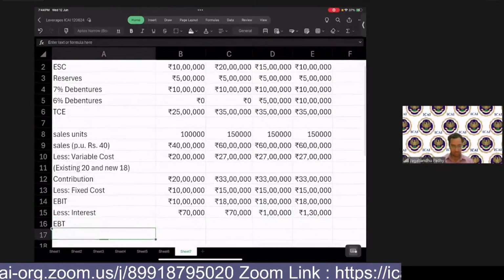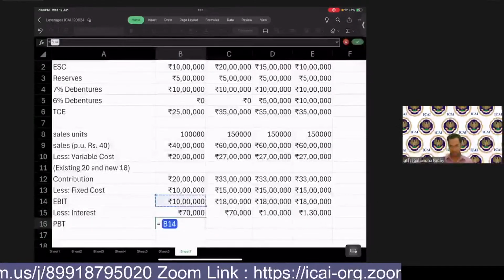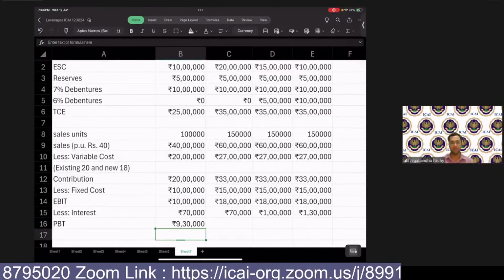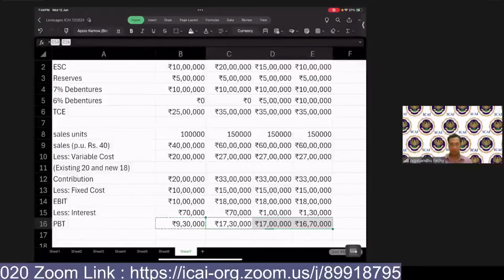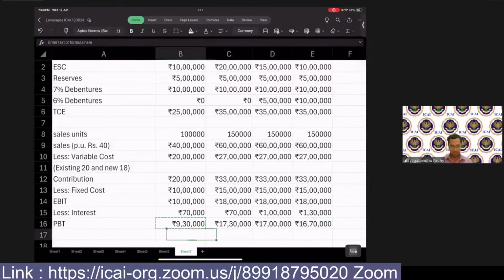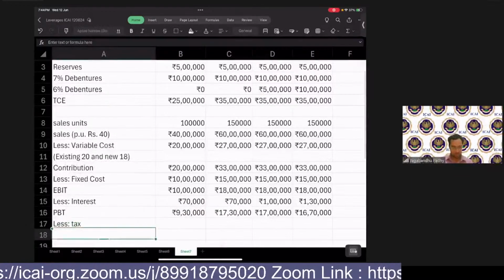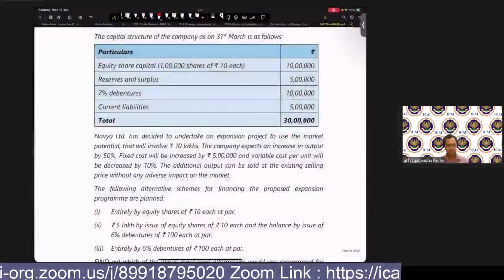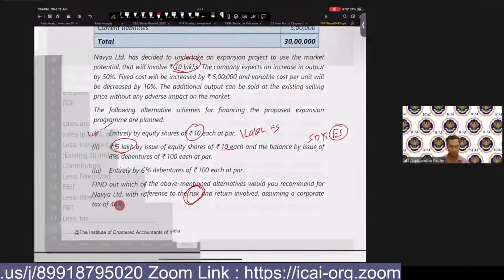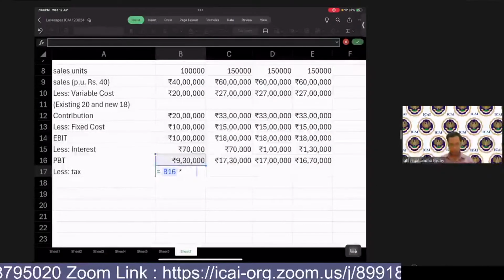That gives us earnings before tax, or you can say profit before tax. Profit before tax is EBIT minus the interest figure. So 9 lakh 30, 17 lakh 30, 17 lakh and 16 lakh 70. From this, we will reduce the taxes, right? So let us take the tax rate as 40%.